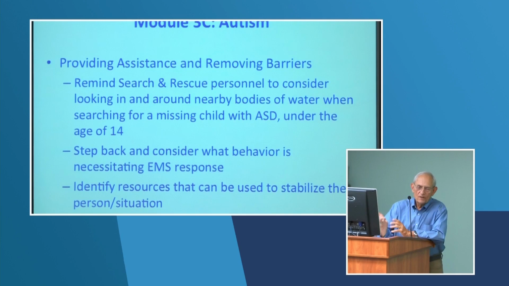Now, this is an interesting one to me. Remind search and rescue personnel to consider looking in and around nearby bodies of water when searching for a missing child with autism spectrum disorder under the age of 14. I looked it up, and for some reason these kids seem to be drawn to water.